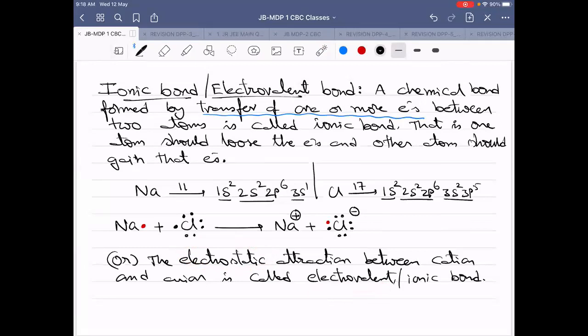Such an electrostatic attraction is called ionic bond. Understood, everyone? This is a very simple, basic explanation, and a lot of concepts are there to build up to go to advanced level. All that we will discuss in later stages.